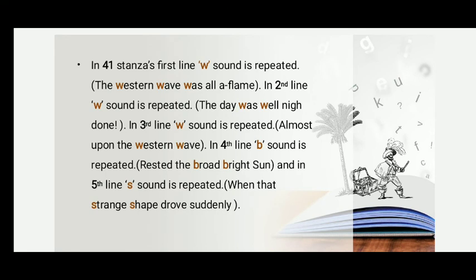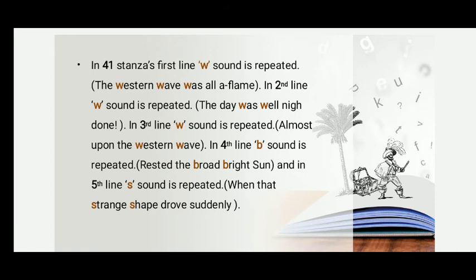Number 5, in the 41st stanza, first line, the W sound is repeated: the western wave was all aflame. In the second line, the W sound is repeated: the day was well nigh done. In the third line, the W sound is repeated: almost upon the western wave. In the fourth line, the P sound is repeated: rested the broad bright sun.